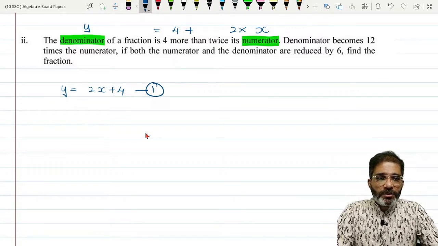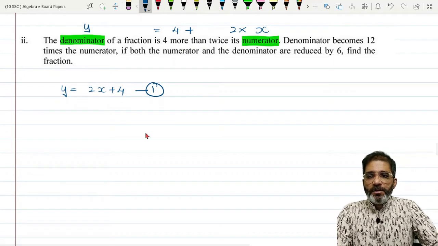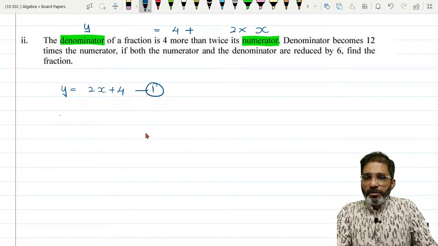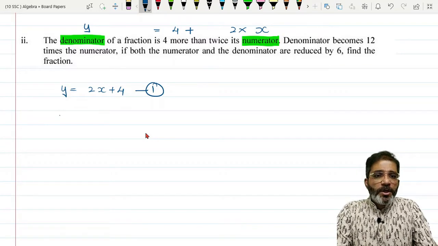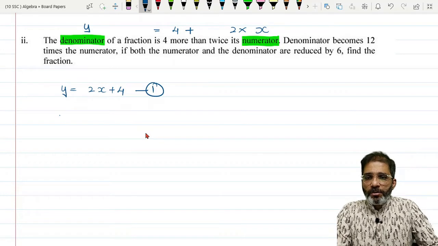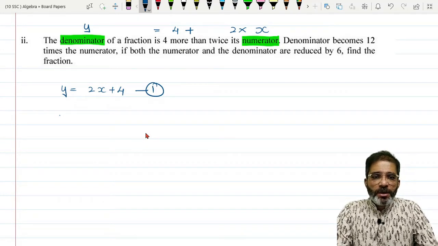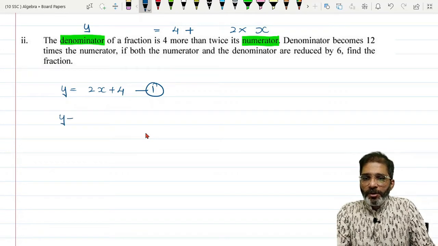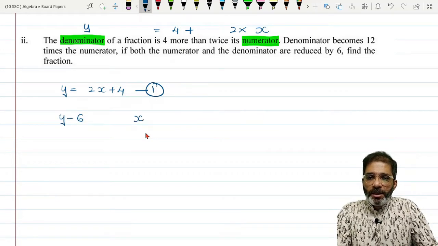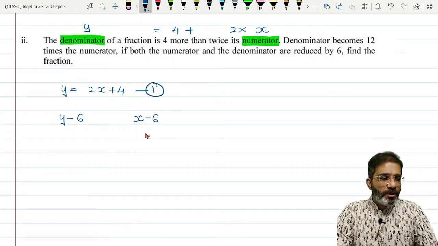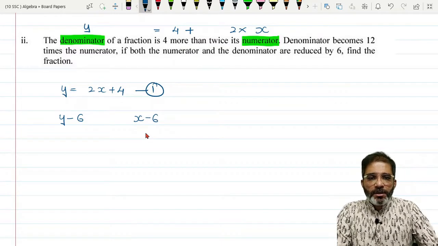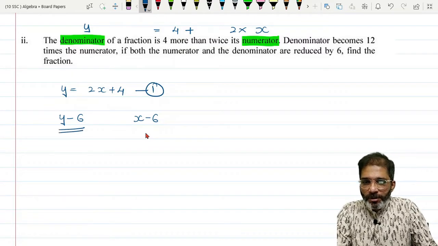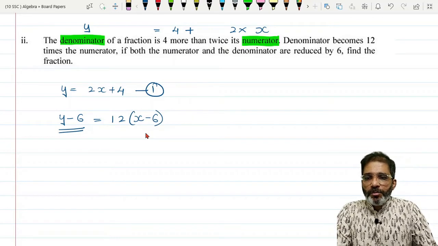Now let's see the second equation. They have given that the denominator becomes 12 times the numerator, if both the numerator and denominator are reduced by 6. So I am reducing the denominator by 6 and I am reducing the numerator by 6, and what they have told is that the denominator will become 12 times the numerator.